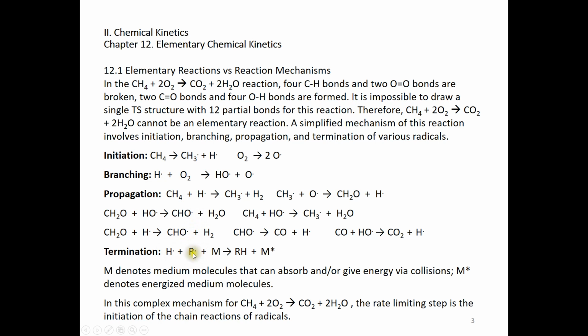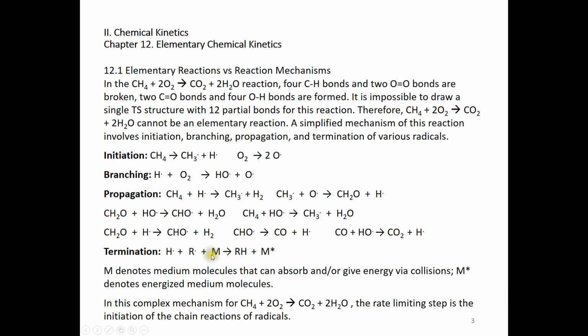the radicals actually can undergo those recombination reactions. So these 2 radicals may form a bond, and then we have a molecule with all electrons being paired. And in this reaction, very likely energy will be released, and this energy has to be taken away by something else. Otherwise, this product is not going to be stable.